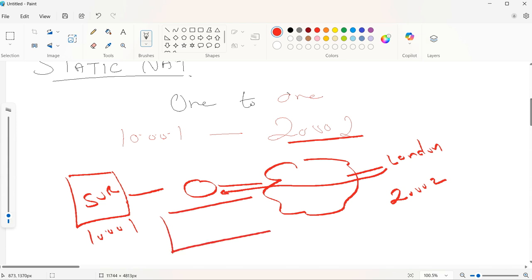And this router maintains a table saying 10.0.0.1 translates to 20.0.0.2. It also means that if any traffic comes to 20.0.0.2, I need to forward it to 10.0.0.1 by changing the destination address.